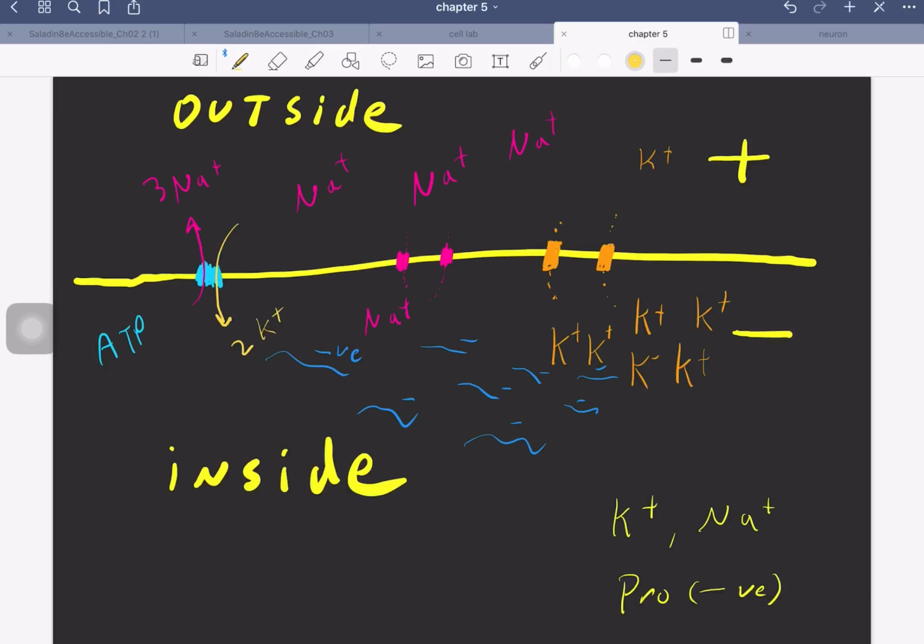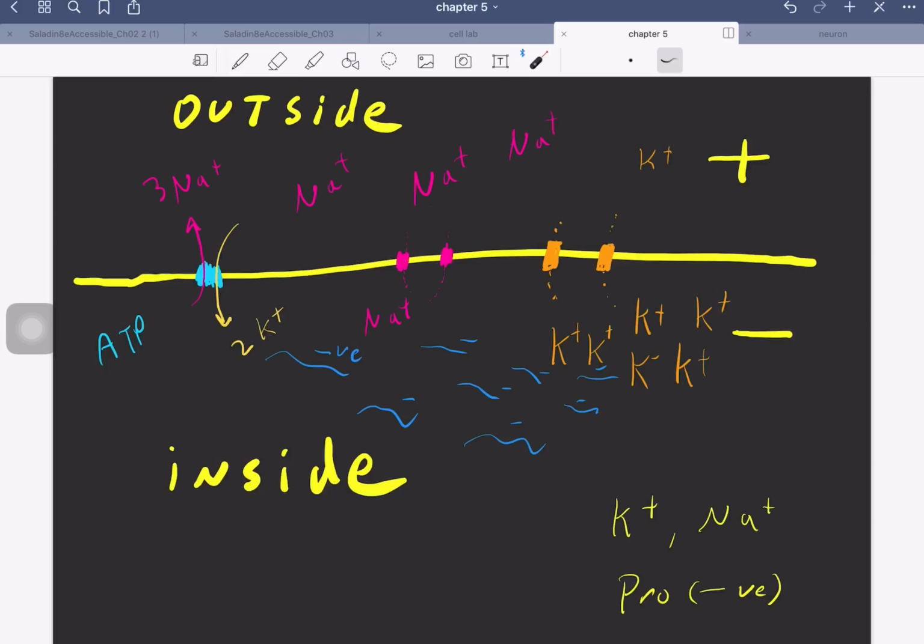So every time the pump runs, I get a net gain of 1 positive. It's just simple math: if I'm pumping 3 positive out and 2 positive in, well, the net gain is, every time I burn up an ATP and fire the pump, I get a net gain of 1 positive on the outside.